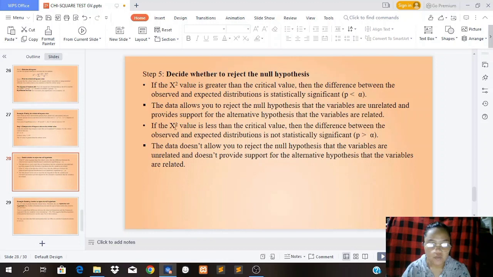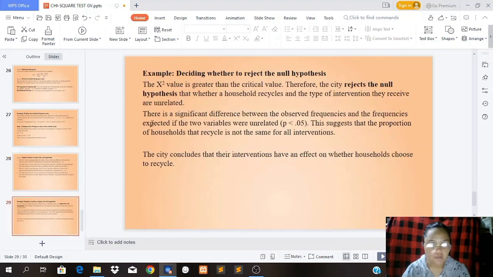If the chi-square value is less than the critical value, then the difference between the observed and expected frequencies is not statistically significant. The data doesn't allow you to reject the null hypothesis that the variables are unrelated and doesn't provide support for the alternative hypothesis that the variables are related.